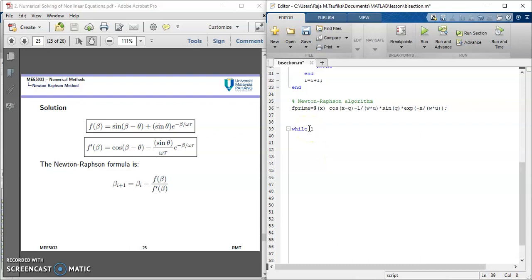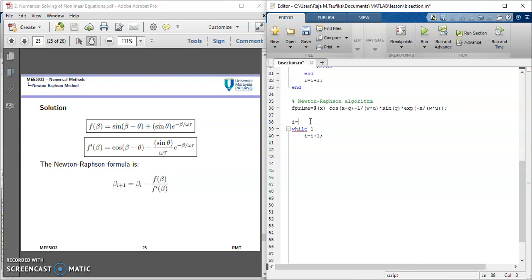So while 1 means loop forever, and then we can write i equals i plus 1 to indicate the first iteration, but before that we have to specify the initial value or initial guess.